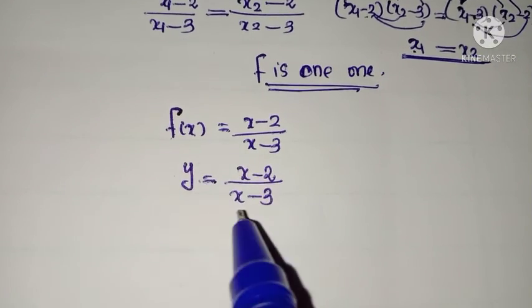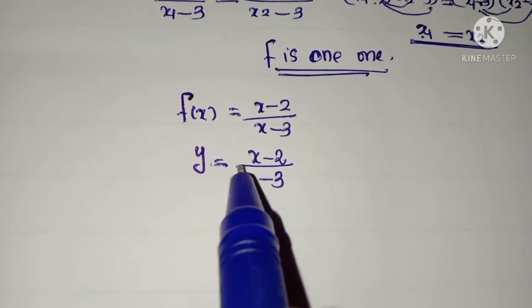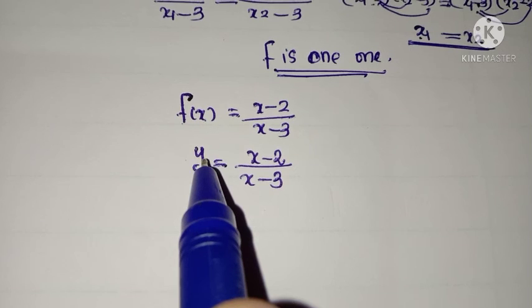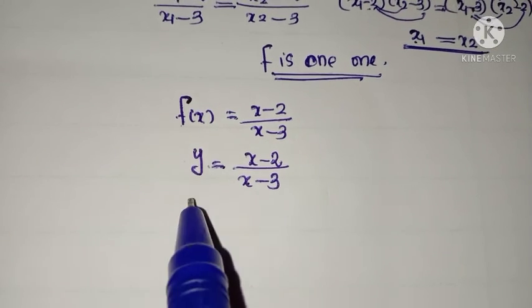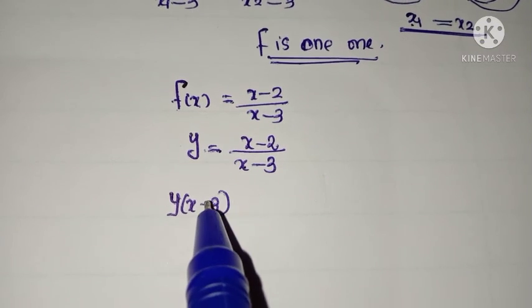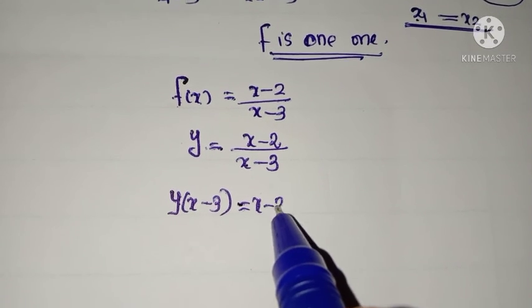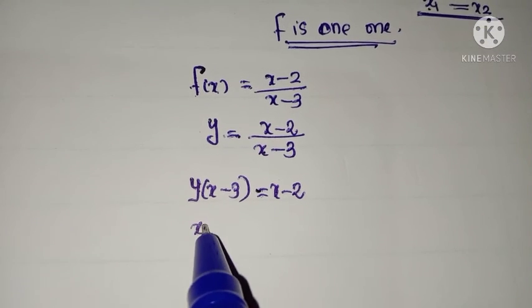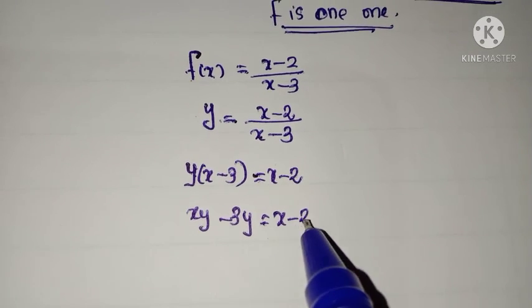From here we want to find what is x. We want to convert this as x equal to something in y. For this, just take x minus 3 to the left side. So this becomes y into x minus 3 equal to x minus 2. That is xy minus 3y is equal to x minus 2.